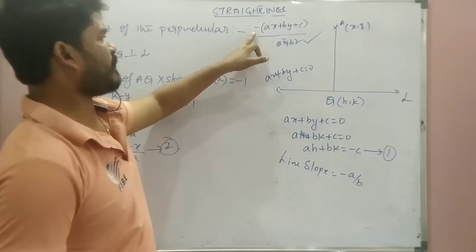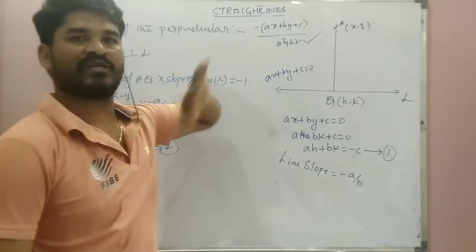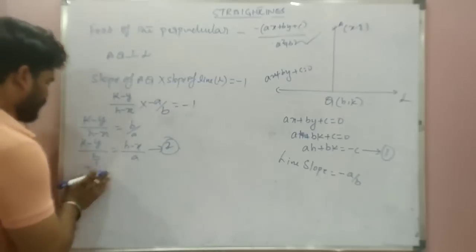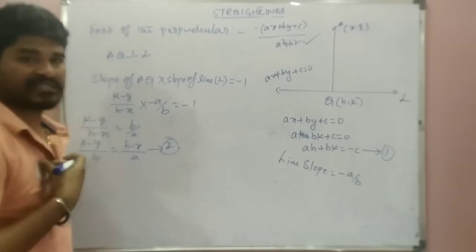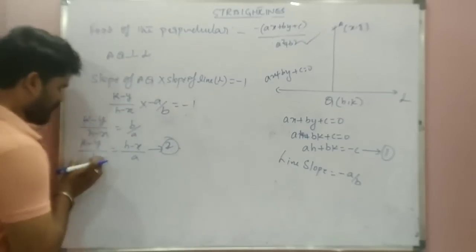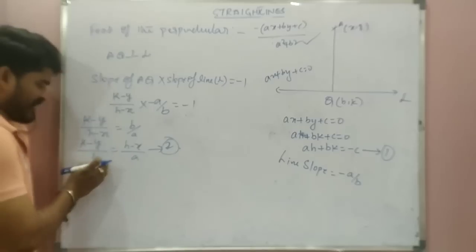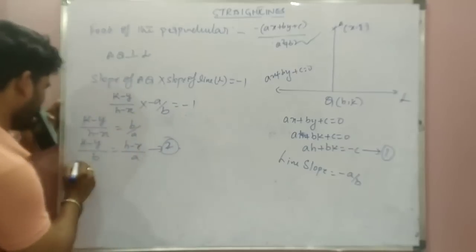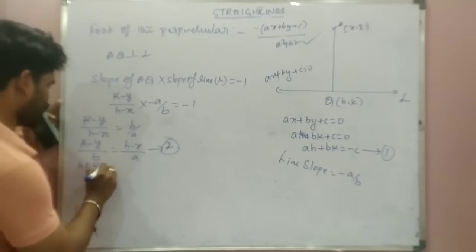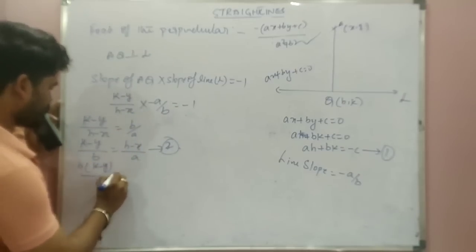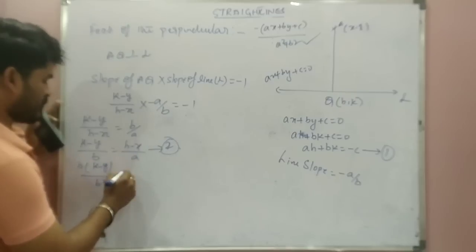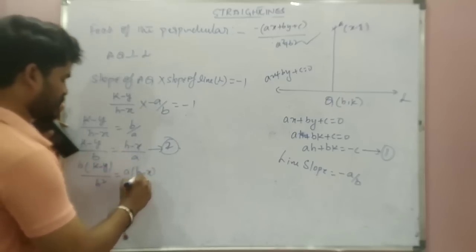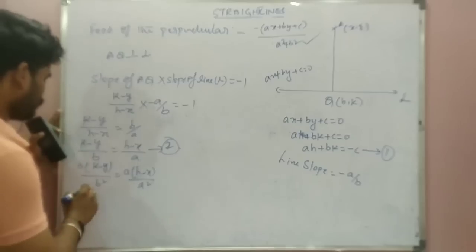We are going to prove that this equals minus of ax plus by plus c divided by root of a square plus b square. Therefore, we want a square plus b square in the denominator. That's why on the LHS we multiply numerator and denominator by b, so b into k minus y divided by b square equals the same on this side, multiplying numerator and denominator by a: a into h minus x divided by a square.